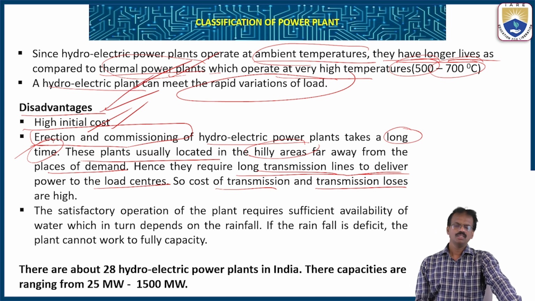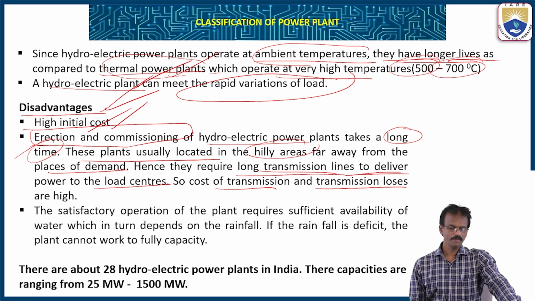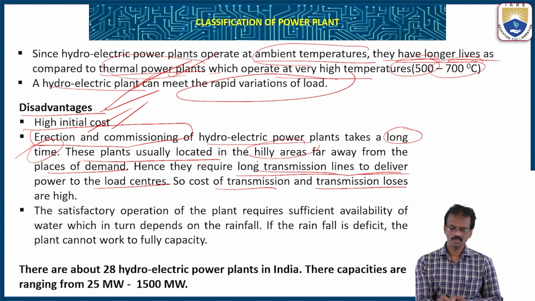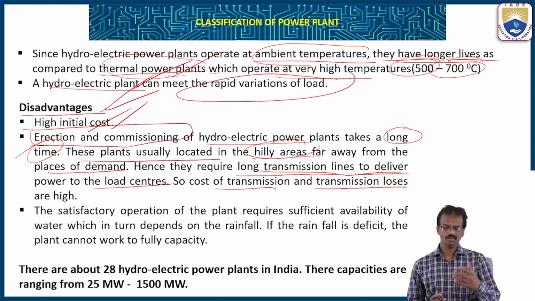One is the initial cost is very high, and next is the erection and commissioning of hydroelectric power plants, so it takes a long time. Next, these plants are suitable to be located in high hilly areas because the catchment of water is sufficient in those areas.